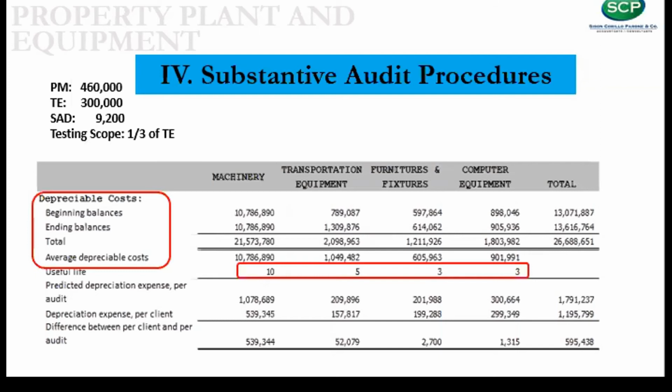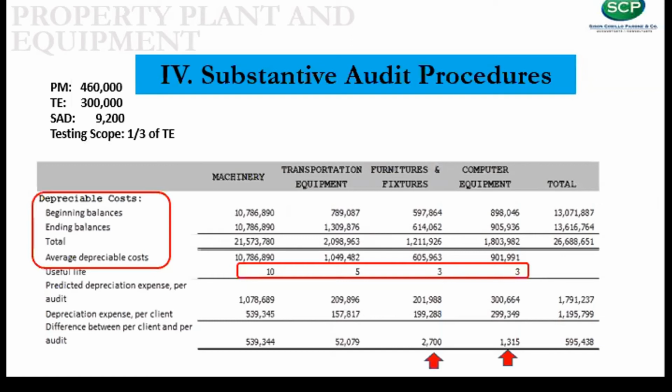Because we only use averages, differences between the amounts of depreciation per books and the amounts per predictive testing are bound to happen. In this regard, we look for significant differences only. In this example, there were no significant differences noted for furniture and fixtures and computer equipment, which showed differences of 2,700 pesos and 1,315 pesos respectively only.